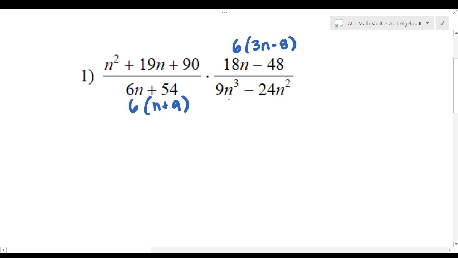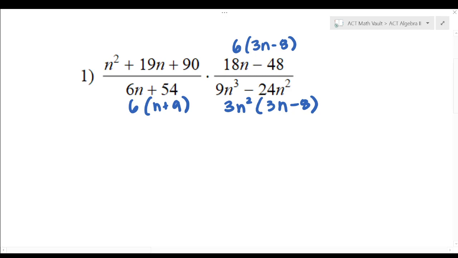And then I could take out the greatest common factor between 9 and 24, which is 3, but then I can also take out multiple n's. So I have n squared. What's left over? 3 times 3 is 9, and then we need 1n. This here minus 8. 3 times 8 is 24.